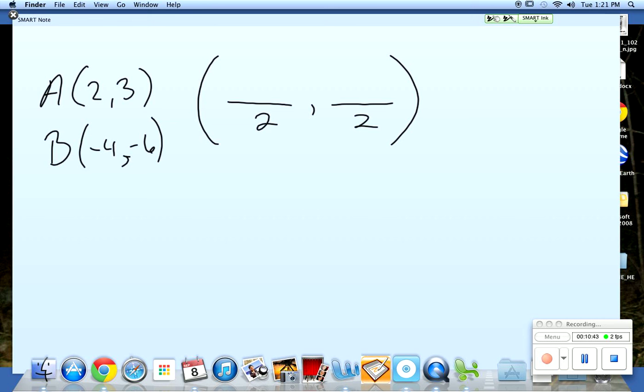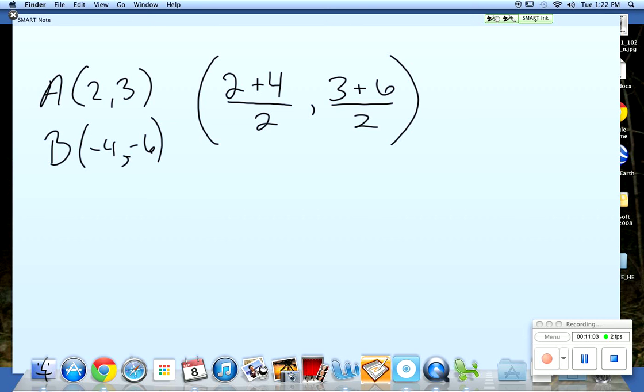There's 2 points each coordinate, right? So I'm going to go 2 minus a -4, which is a +4, and 3 minus a -6, which is a +6 on those points.